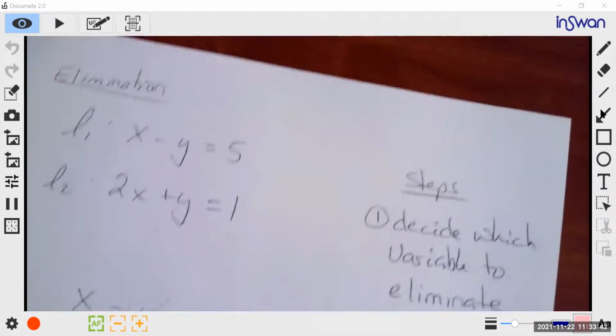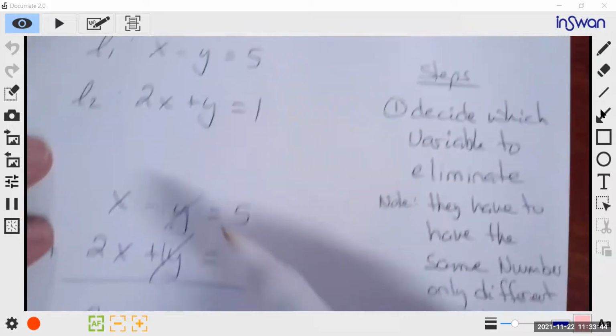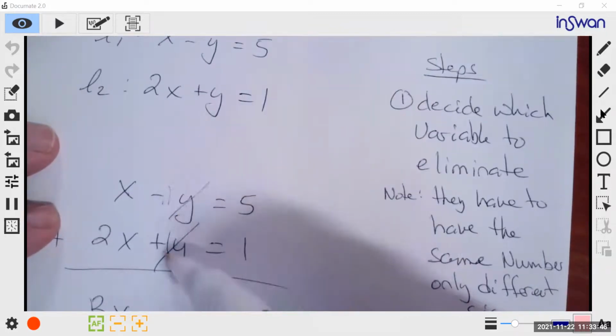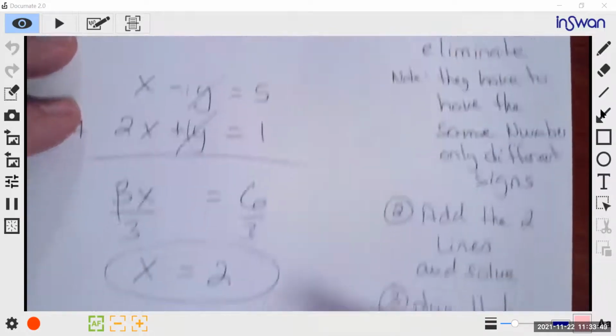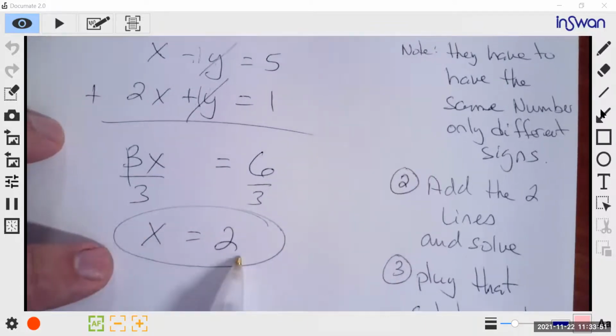So see what we did here. We had two equations. Since we see that the number in front of the y is the same with different signs, we just add the two equations. We did that. Solve for x.